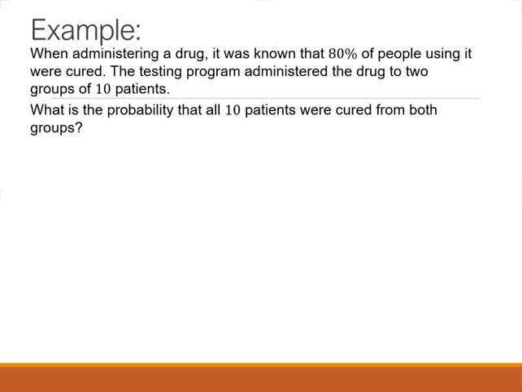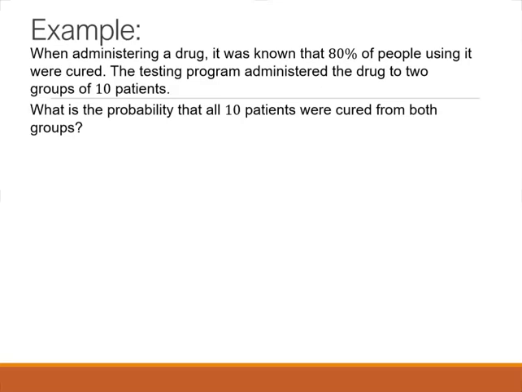Are both groups binomial? Is there a fixed number of trials? Yes. How many trials are there? 10. Do we know the probability of success? What is the probability of success? 0.8. Are there just 2 true outcomes? Yes. Success is they get better. Failure is they don't.